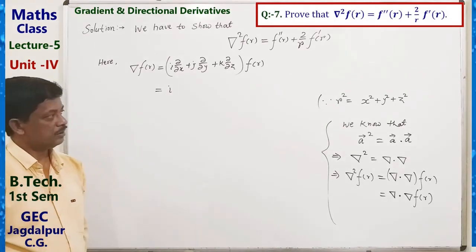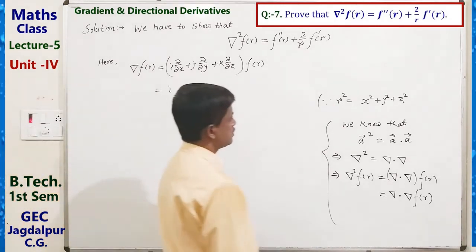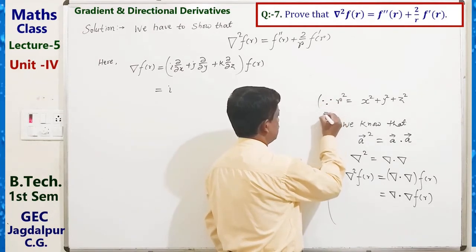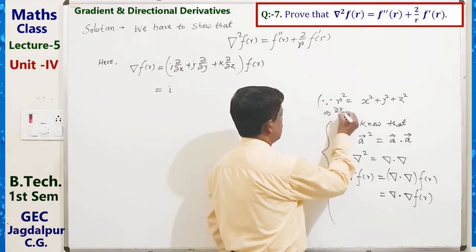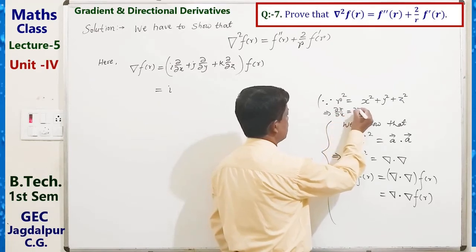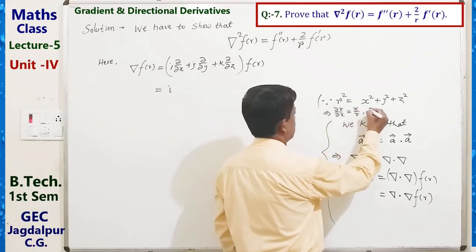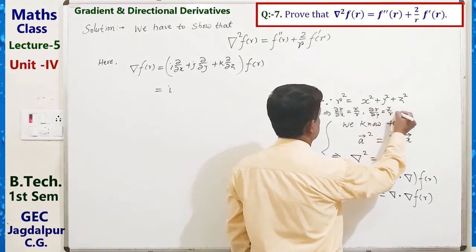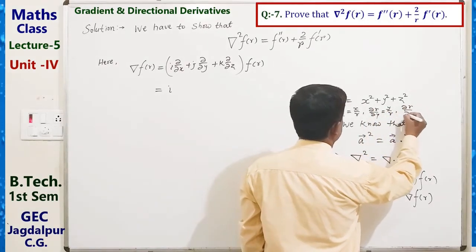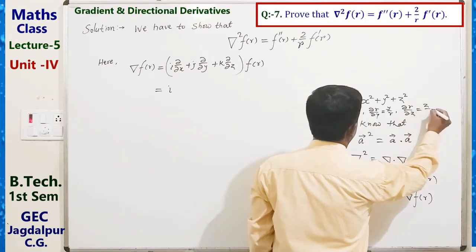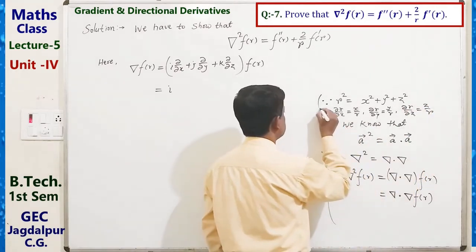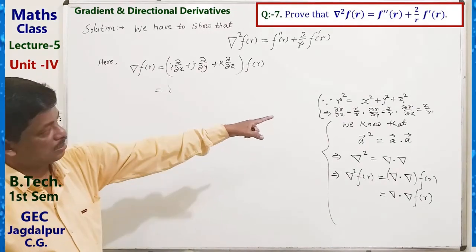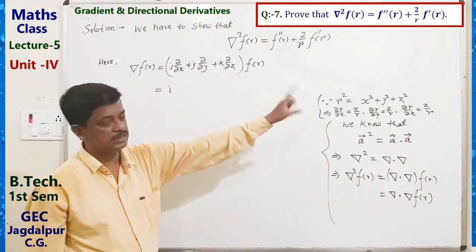Since this implies del r by del x equals x by r, del r by del y equals y by r, del r by del z equals z by r. We just have to use this.